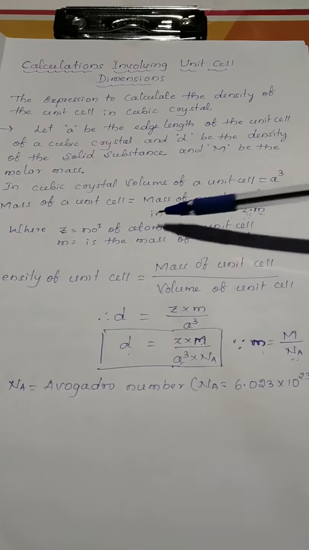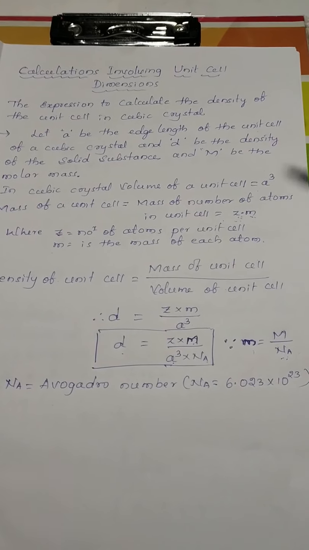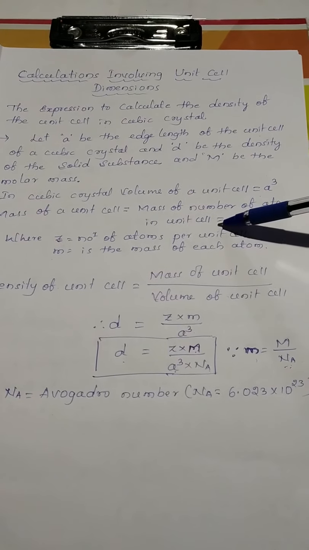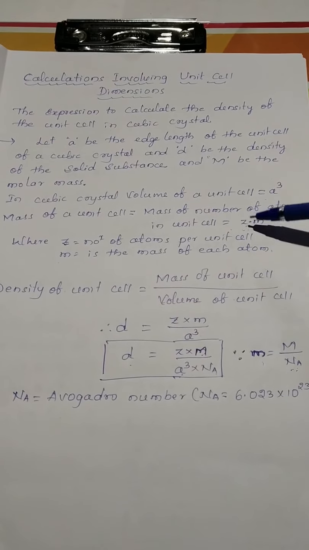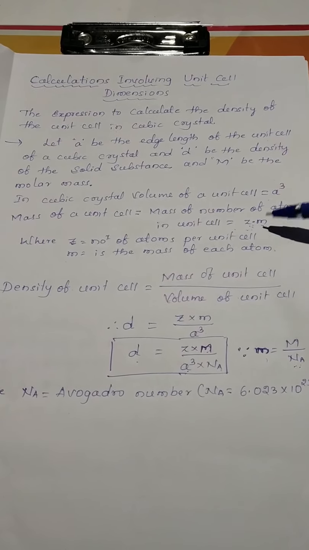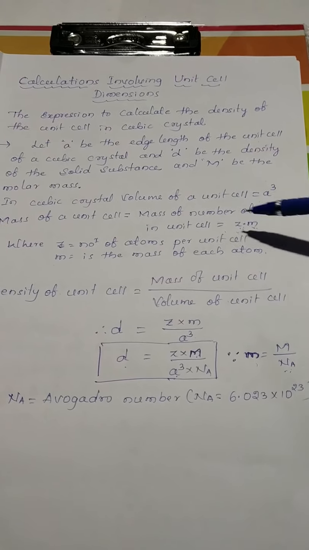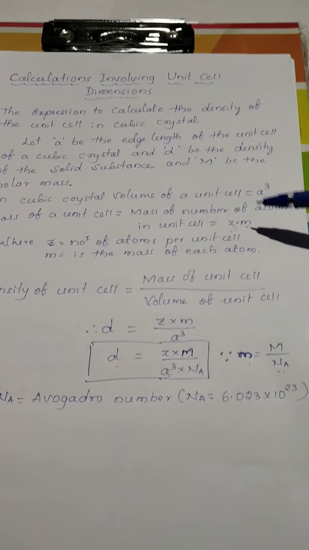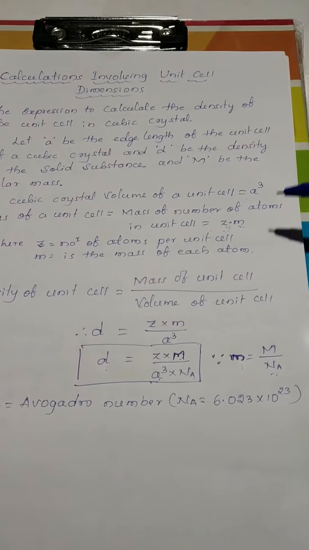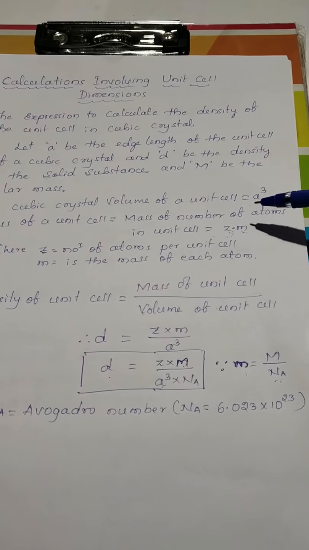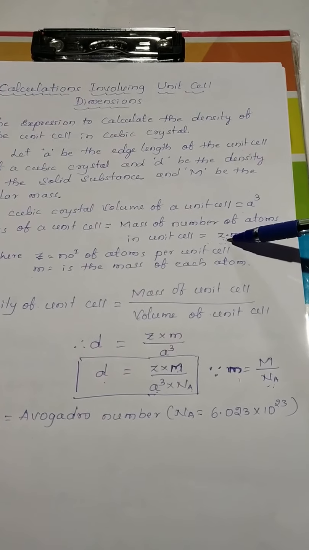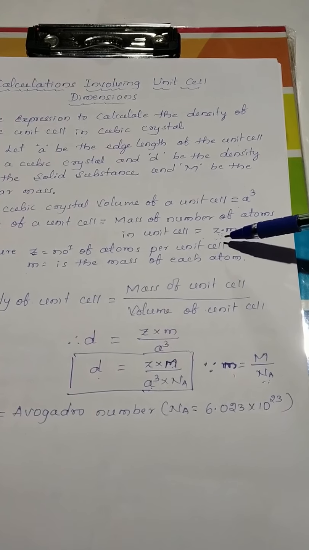Then the mass of the unit cell is the mass of the number of atoms in a unit cell, that is equal to Z into m. If it is a simple cubic unit cell, Z is 1, the number of atoms present in a simple cube is 1.